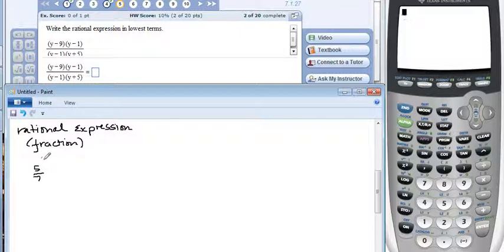The thing that you need to know about rational expressions is that you can't cancel like this. This is one of the biggest things that I see. Oh, I see an x and an x here, so I'm just going to cancel these off.